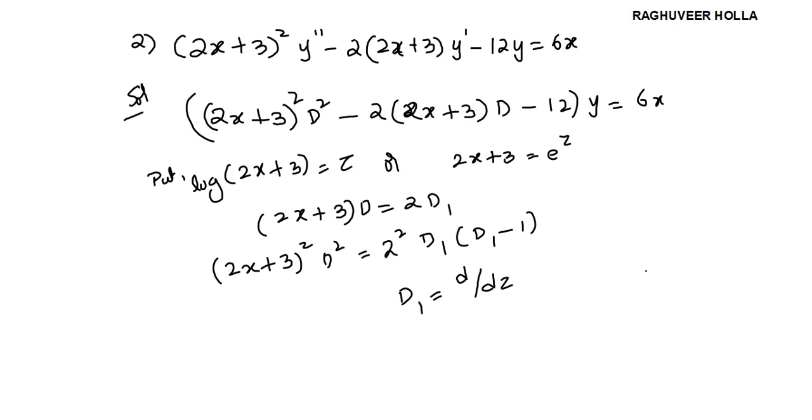So that is 4 times D1 into (D1 minus 1), minus 2 into 2 D1, minus 12 into y, which is equal to 6 into, on the right hand side, x.